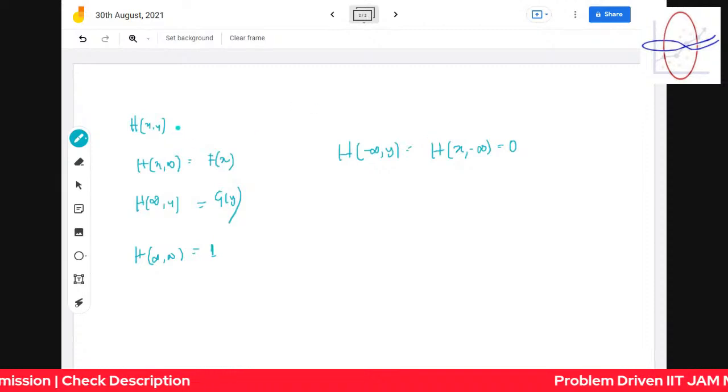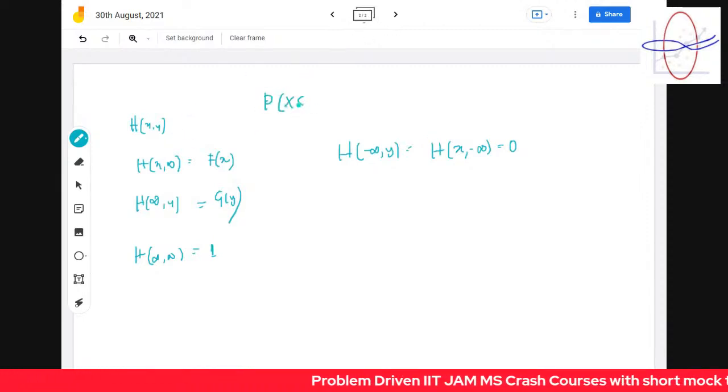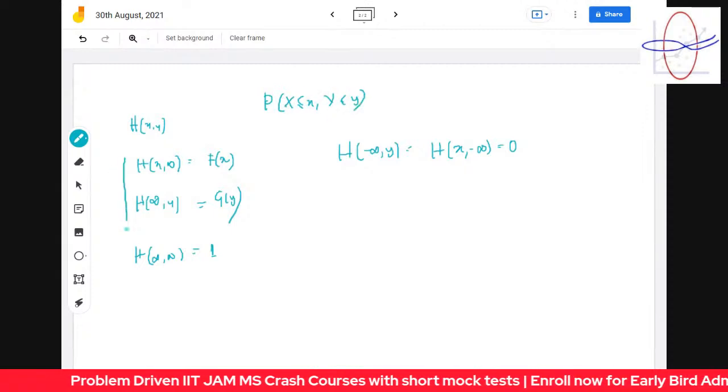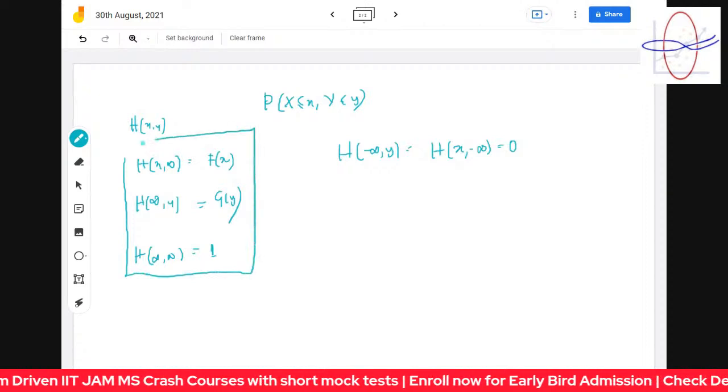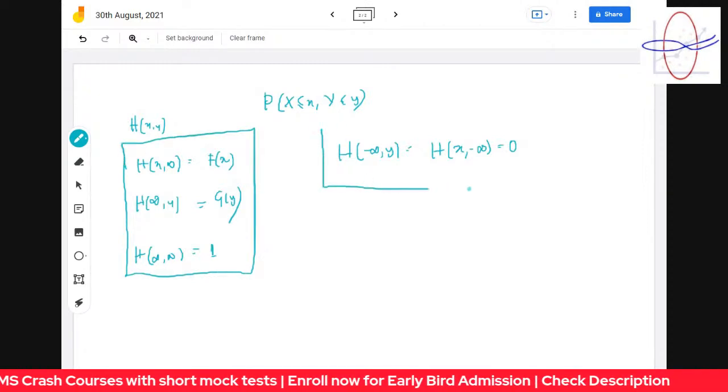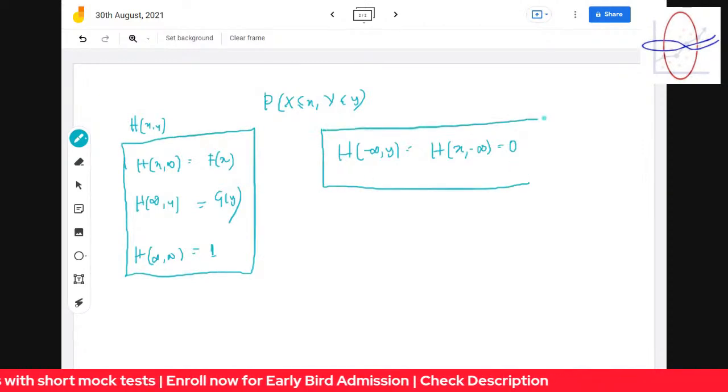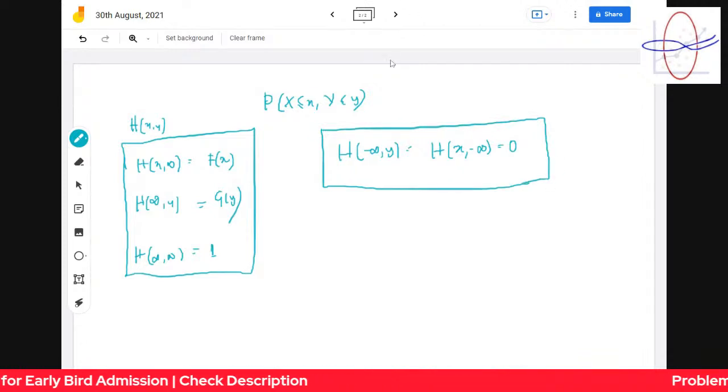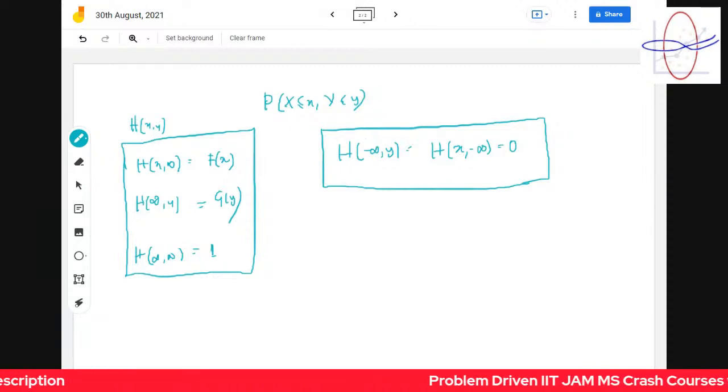And what is h of x comma y? A joint CDF is defined as the probability that X is less than or equal to small x and Y is less than or equal to small y. So you get these corresponding results. There is no right-continuous condition in the bivariate case, because there is no right or left in two dimensions.